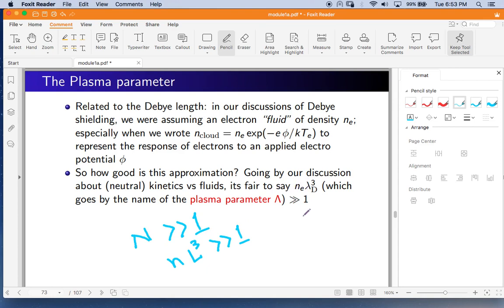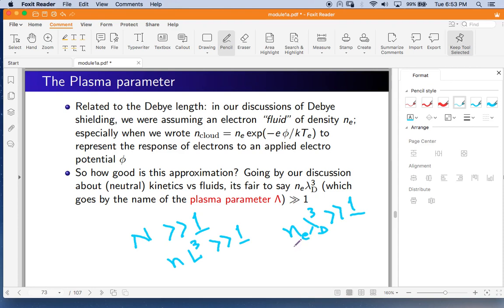So if n lambda_D cubed is much larger than 1, then you could argue that the fluid approximation, the approximation of considering the electrons as a fluid for which a density can be legitimately ascribed, is good.